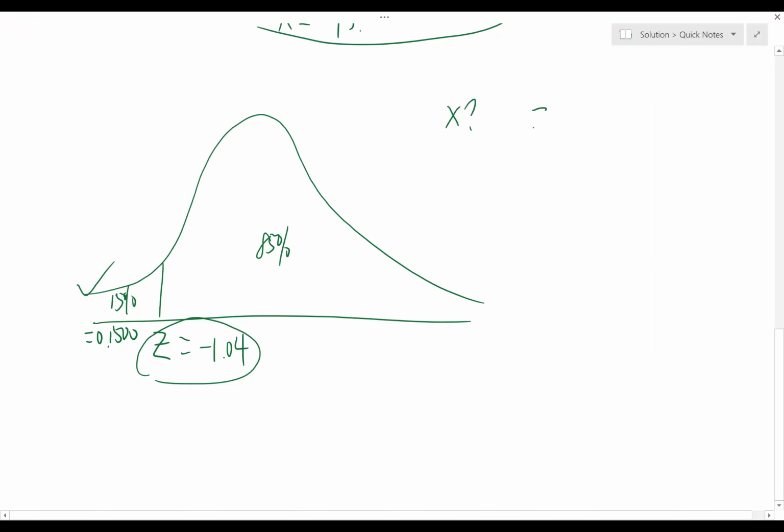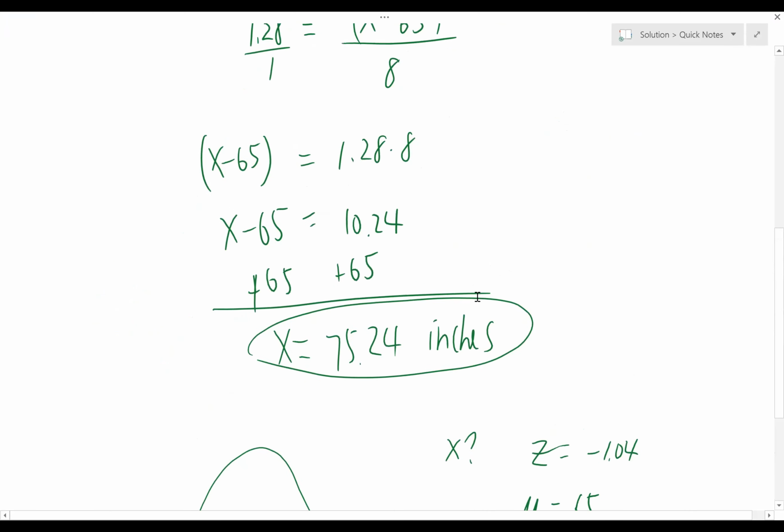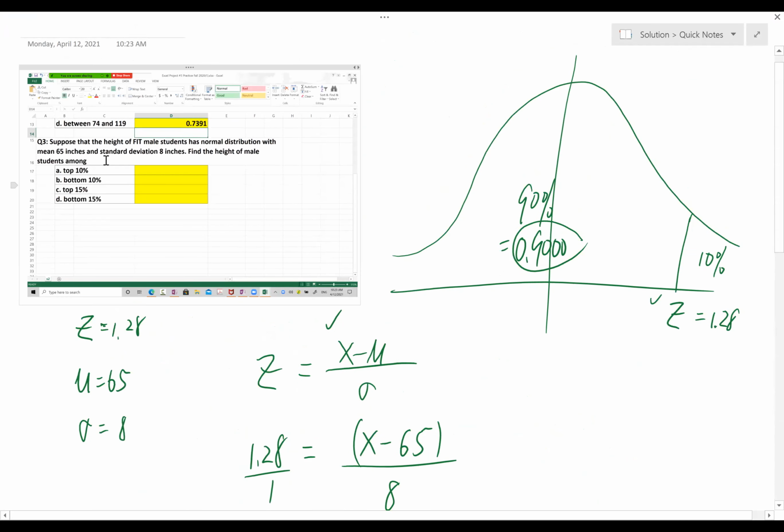We know the Z-score, negative 1.04. We know the population mean is 65 and the standard deviation is 8. That's all given in the question.